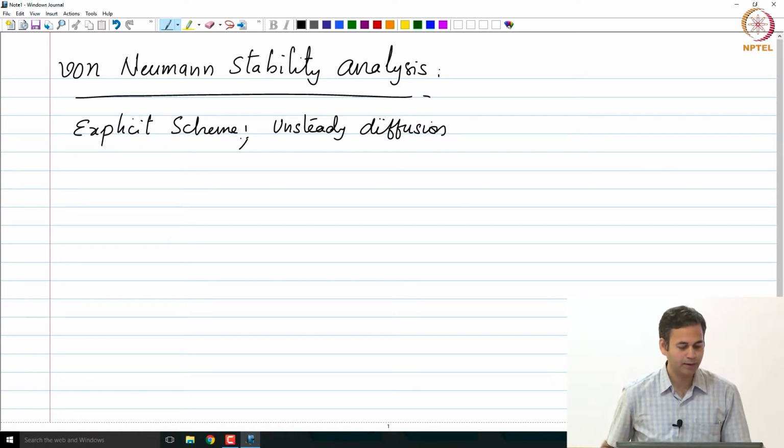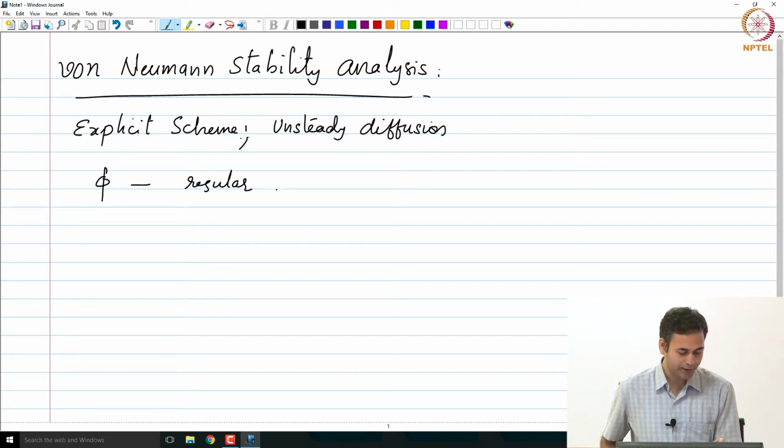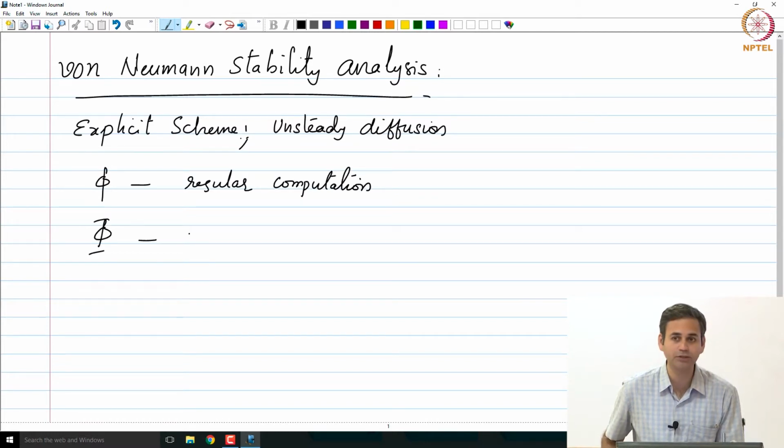Right, and then we said that there is a solution phi that we obtain on a regular computer, and there is another solution capital phi which is obtained on an infinite precision computer, which does not have any round off errors associated with it.